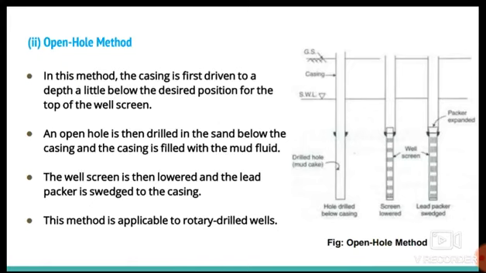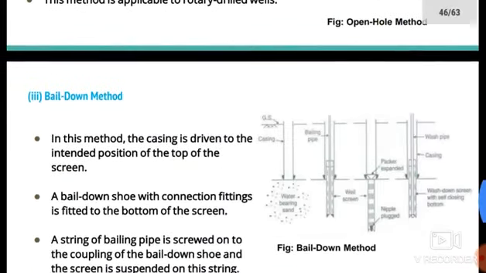After that we will place the screen inside that casing, and automatically an open hole is drilled in the sand below the casing, and the casing is filled with mud fluid. When the screen is lowered, the lead packer is wedged to the casing. The lead packer will open and be fitted to the casing. This is what happens in the open hole method.